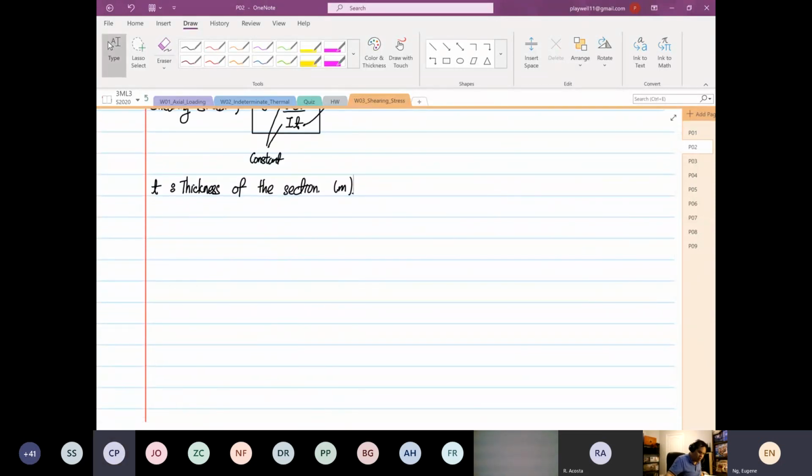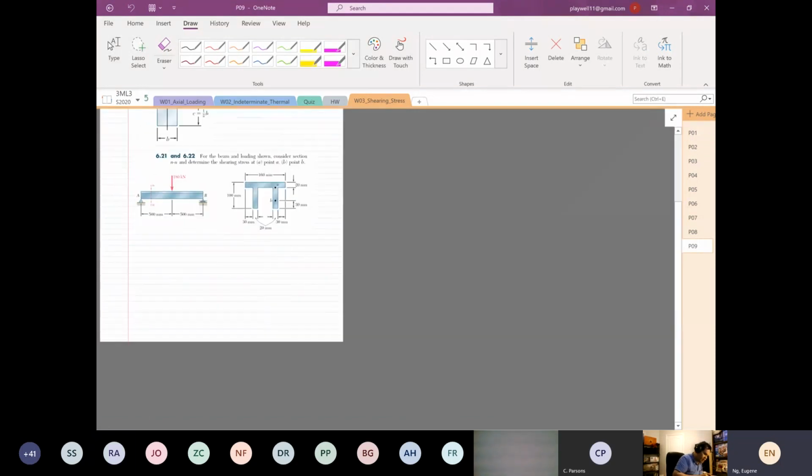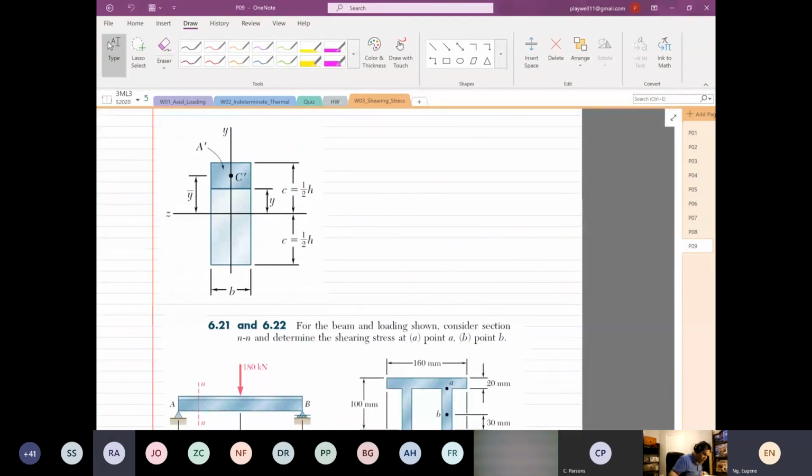So now Eugene, yes. What's the difference between the first moment of area and the second moment of area? So that's what I'm going to show you now, okay? Right. So I've given all these images on Avenue to Learn. If you go to the lecture notes, all these images are there.